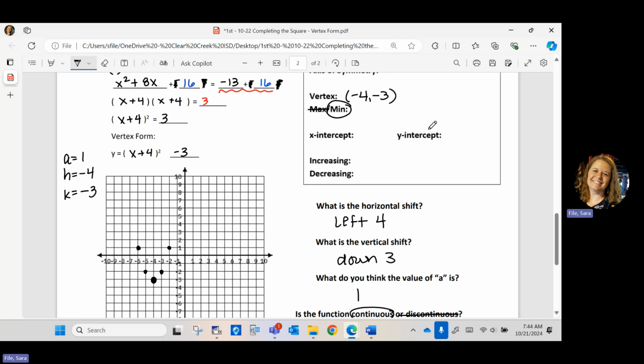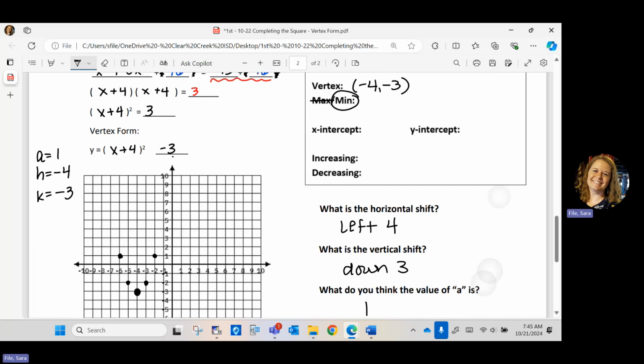It's one of the questions. From the vertex, if I go over 4, how much should I go up? What's 4 squared? I should go up 16 from -3. That would put me up at like 13, so that would be off my graph.